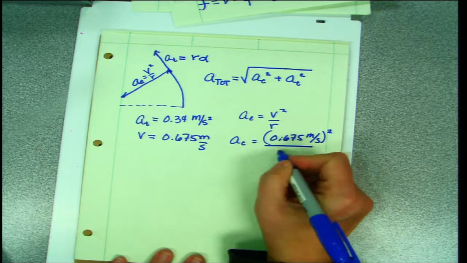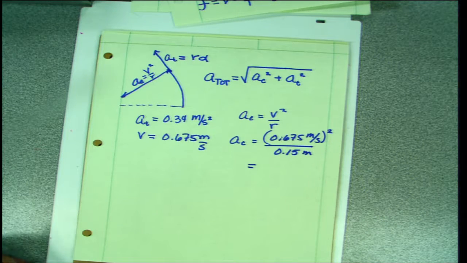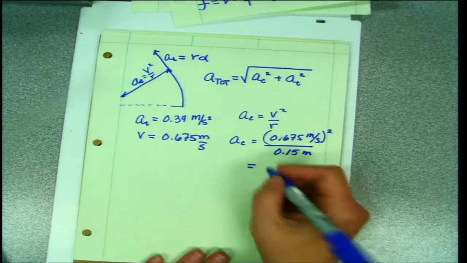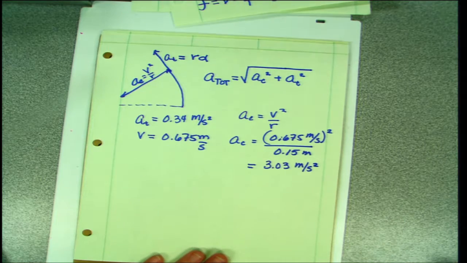And now I can get my total acceleration, which is equal to the square root of 0.34 squared plus 3.03 squared, in meters per second squared.